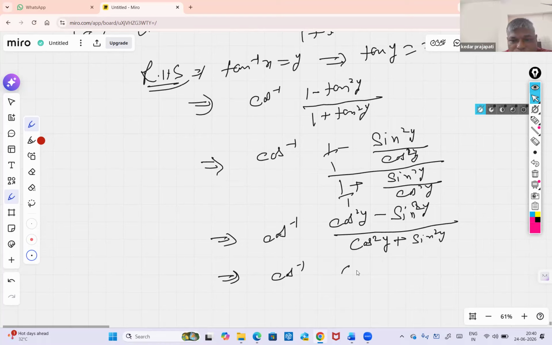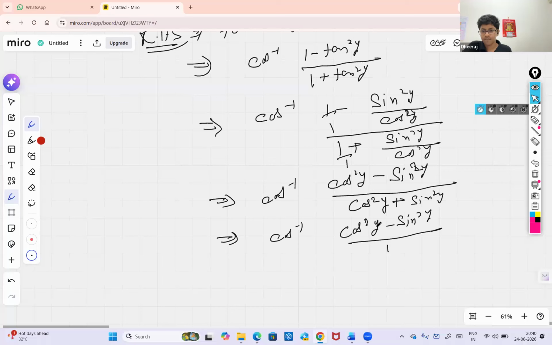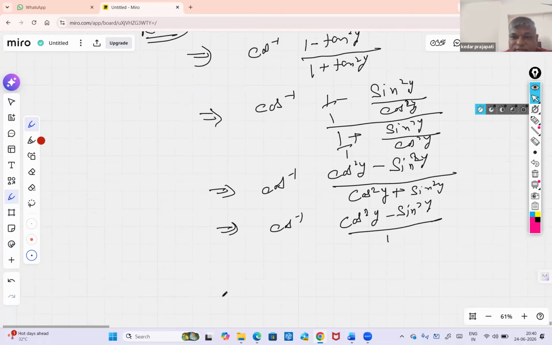Which implies cos inverse of cos square y minus sin square y divided by 1. Now we know cos square x minus sin square x is cos 2x. So this became cos inverse of cos 2y, and cos inverse and cos are gone.